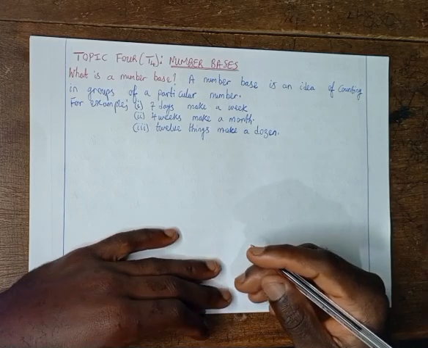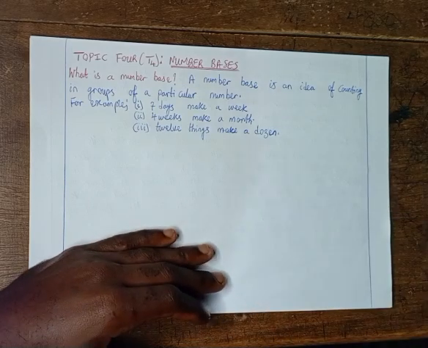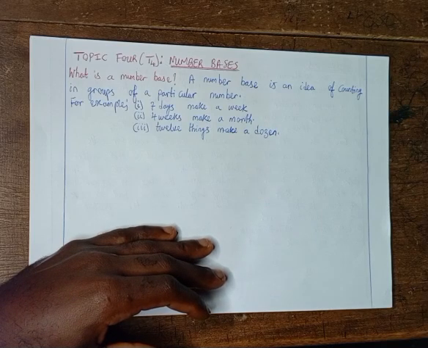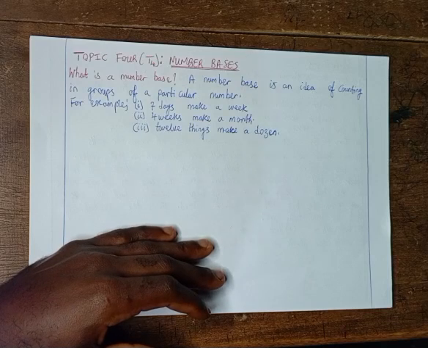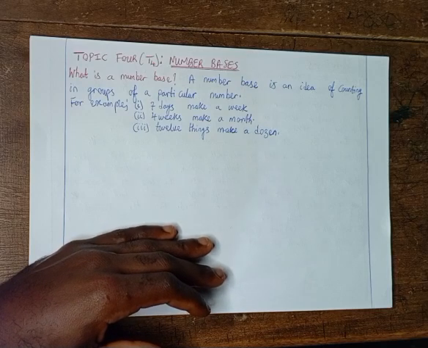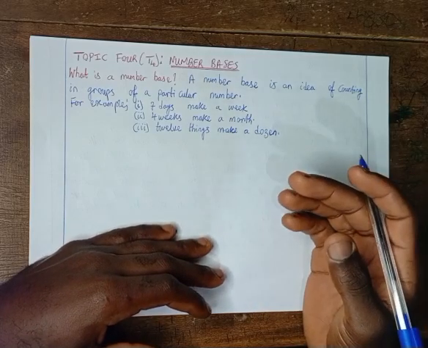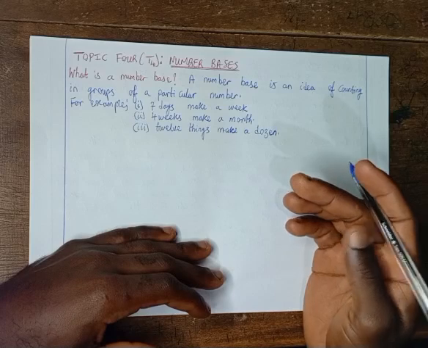Also, in the Hindu-Arabic numeral system we earlier treated, it is built up in the idea of counting in groups of tens. This system of counting in groups of tens is called the denary or the decimal system. So you take note of that.